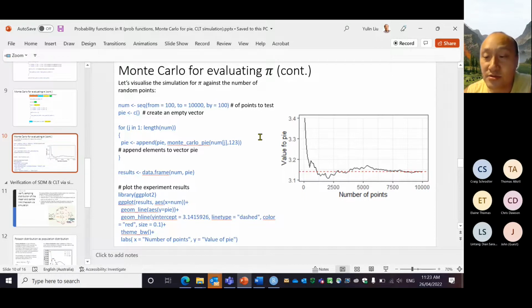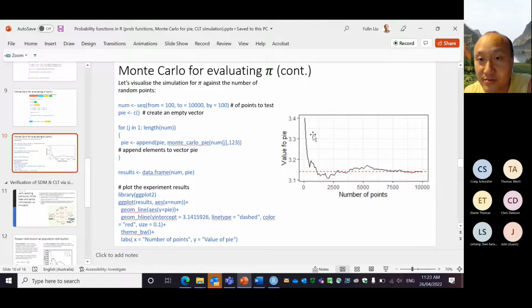I'm looping in the sequence from the first one, 100, until the last one, 10,000. The length of the sequence num is 100 elements.